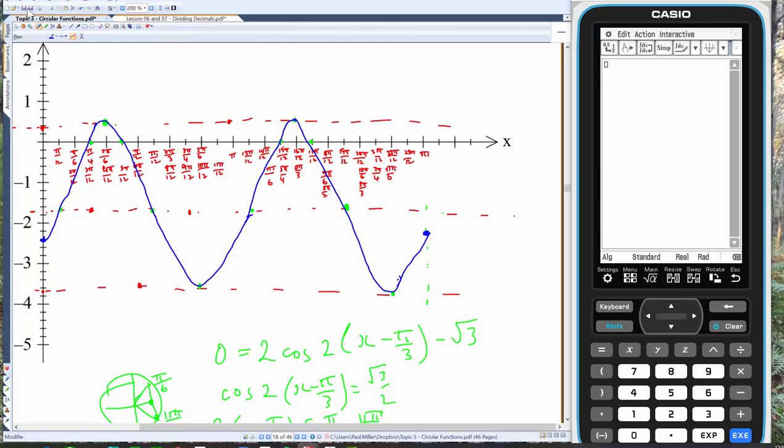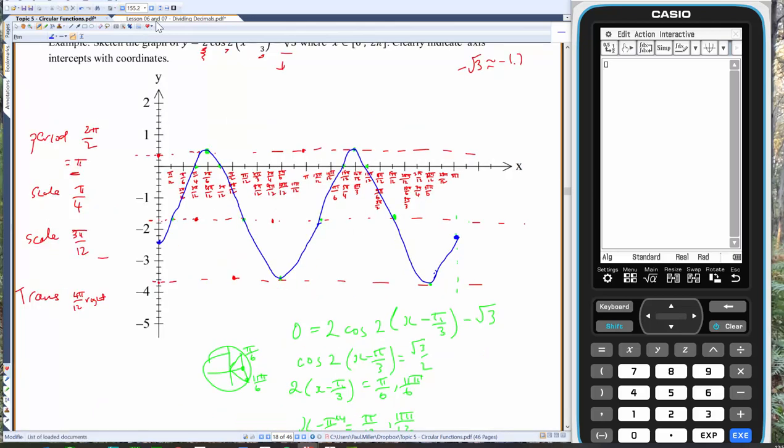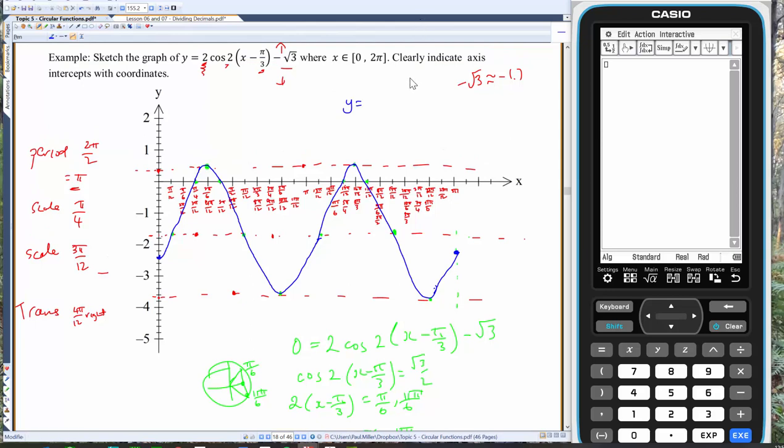Let's get the y-intercept. The y-intercept occurs when x is equal to 0. So y equals 2 cosine of negative 2 pi on 3, take root 3.